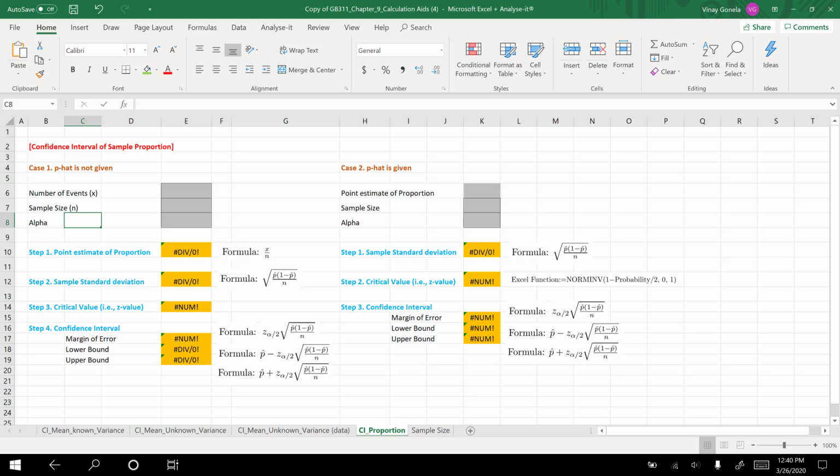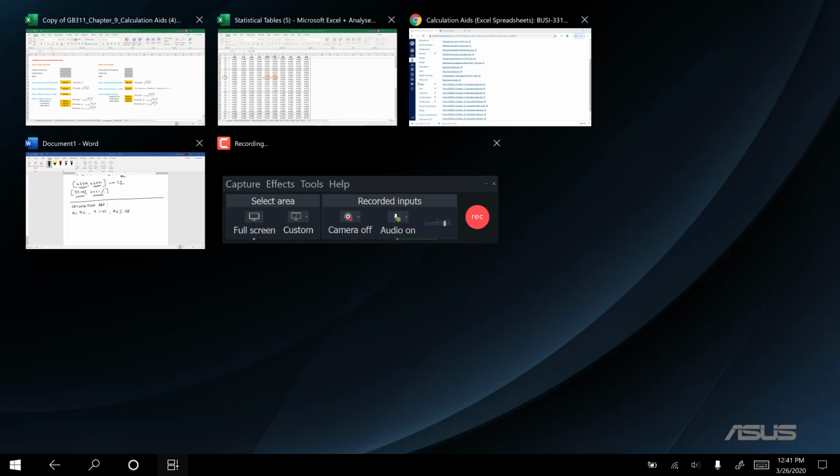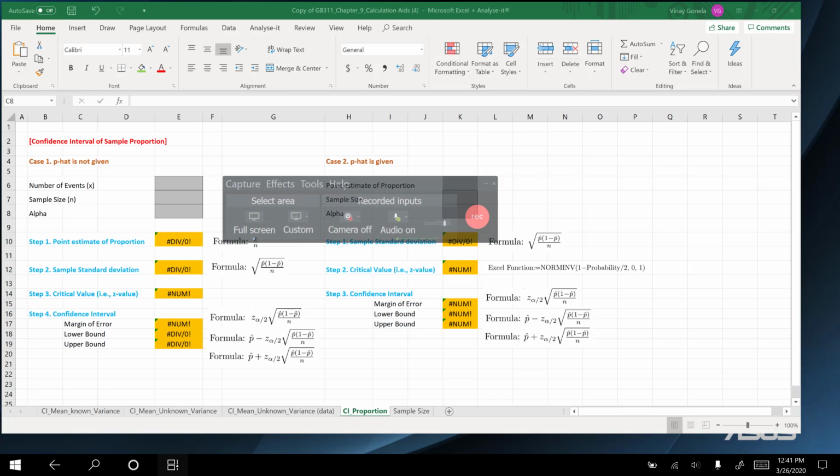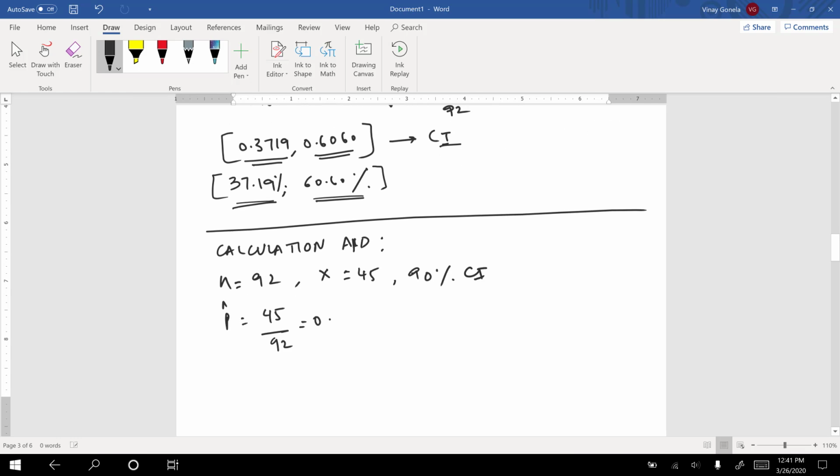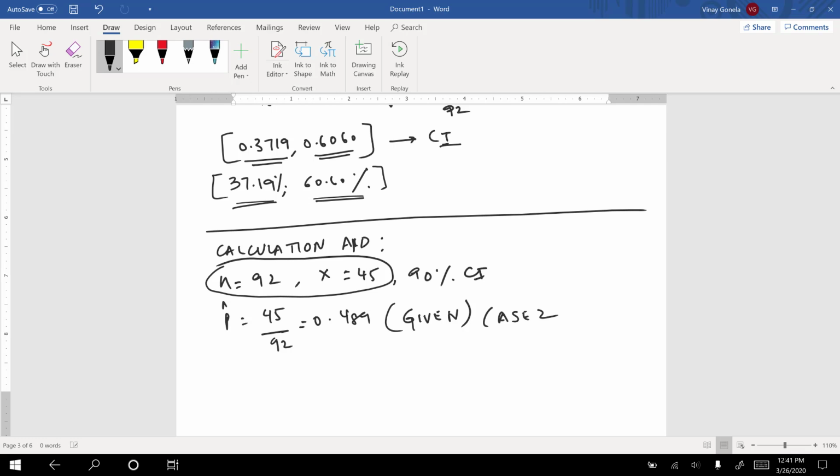Now there are two cases. If your proportion is given, that means the calculated p hat, which is 45 over 92, that is 0.489, if this is given instead of these values, then you will be using case 2 in our spreadsheet.